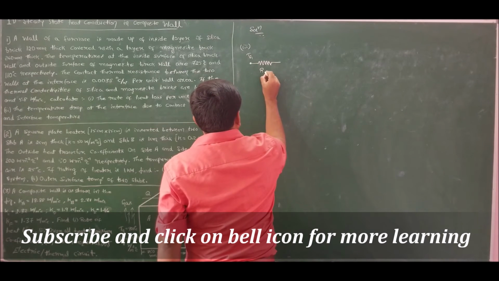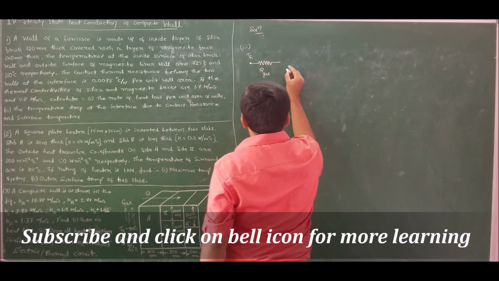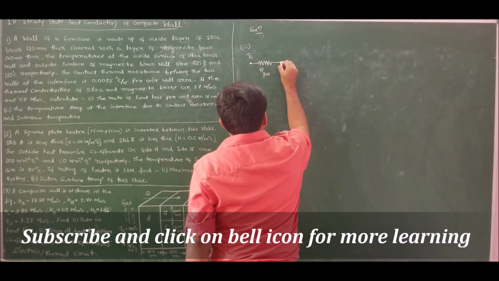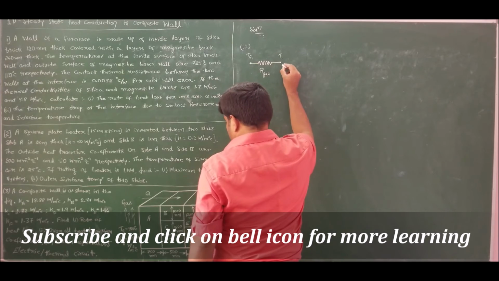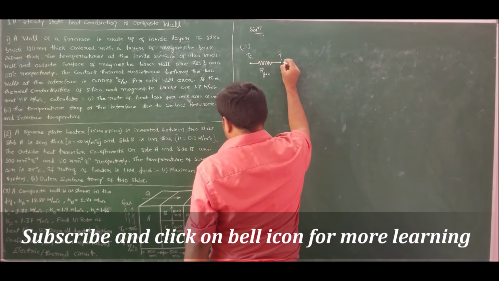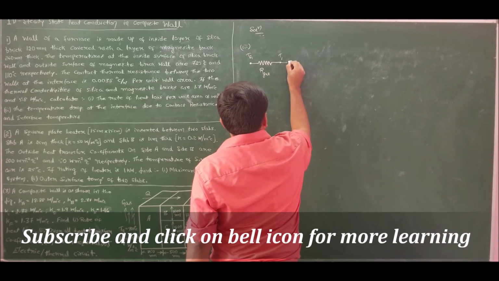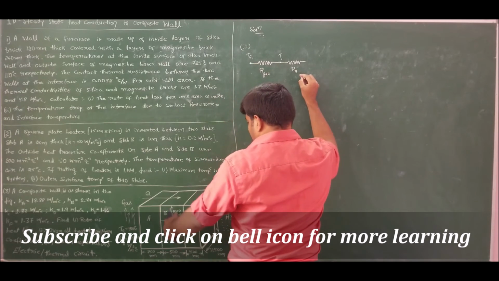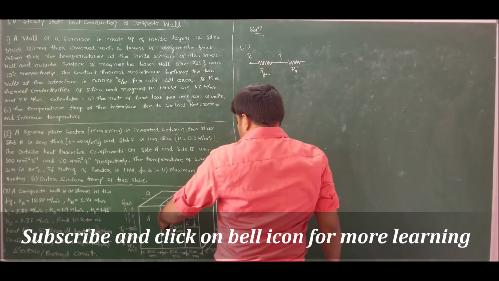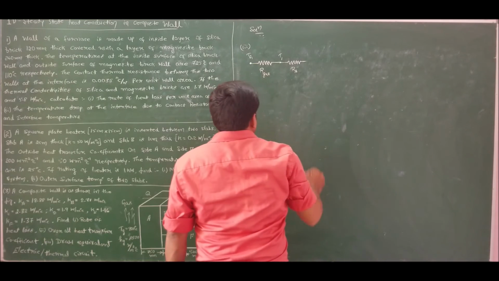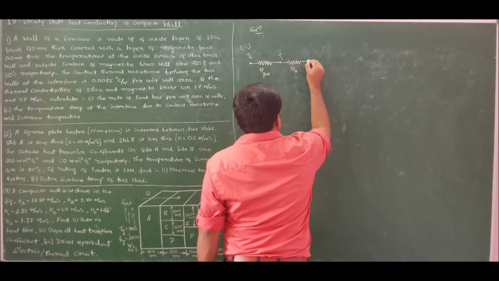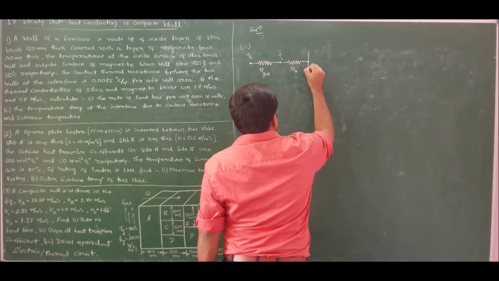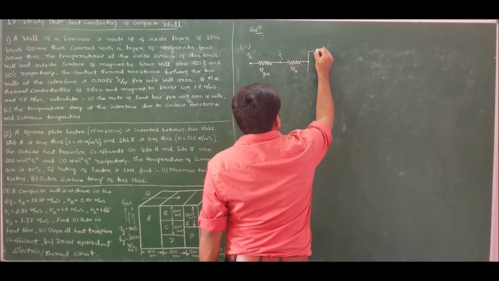So that is R due to gases, and we have the temperature T1 at this point. We have conduction resistance, that is RA, and we have these slabs B, C, D which are in series. So therefore here we have a series arrangement. So the circuit will be like this.